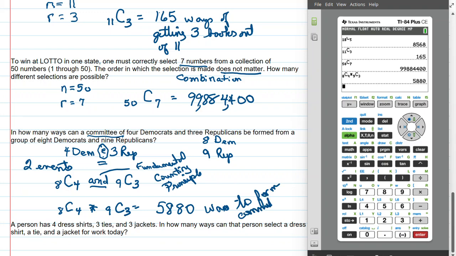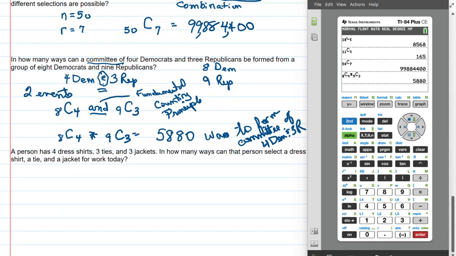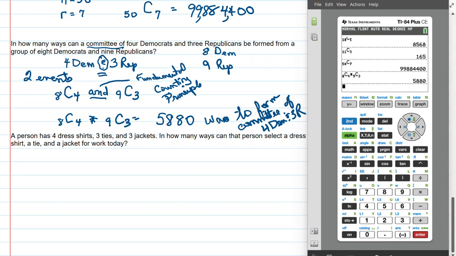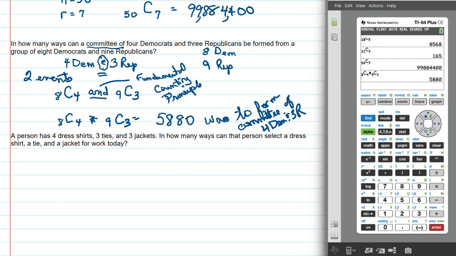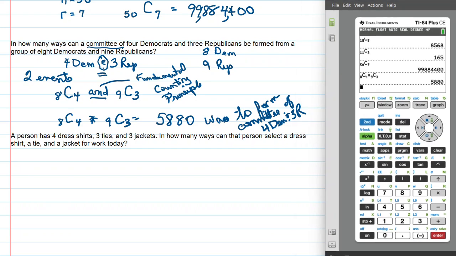All right. So here we have another example. A person has 4 dress shirts, 3 ties, 3 jackets. In how many ways can the person select a dress shirt, a tie, and a jacket for work today? Now, this is a review problem, isn't it? Because we don't have one set we're working with.